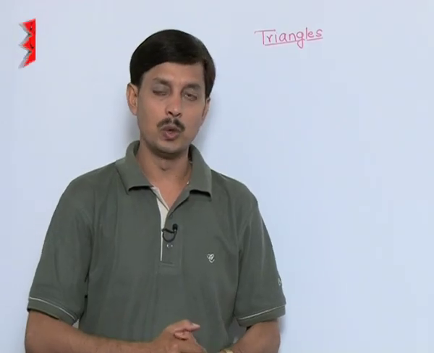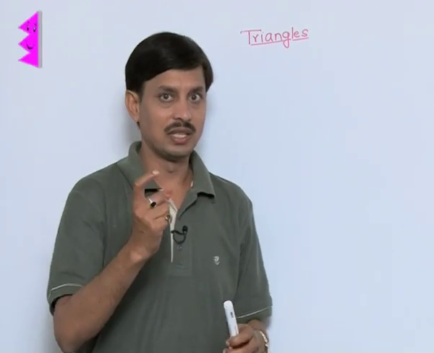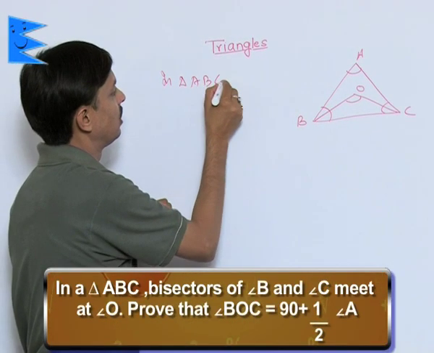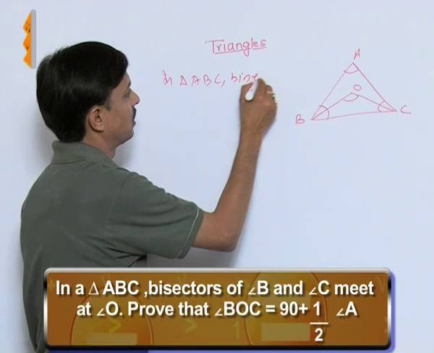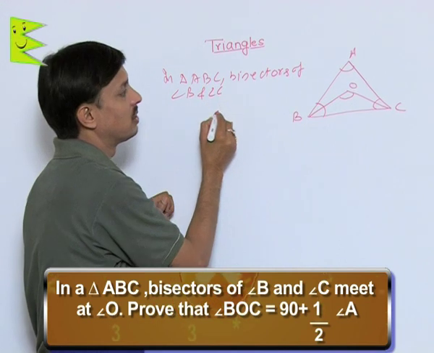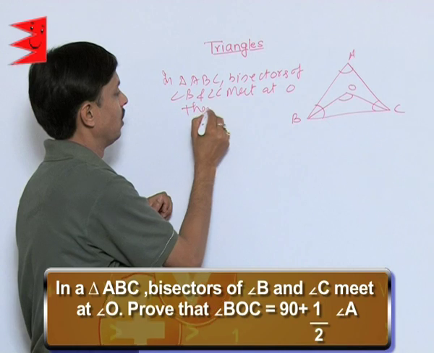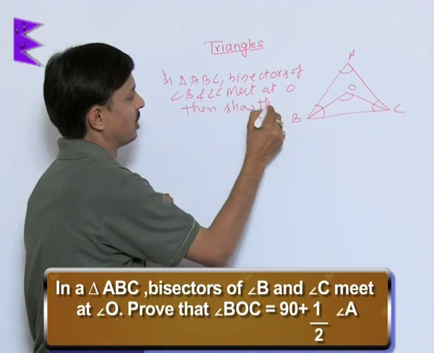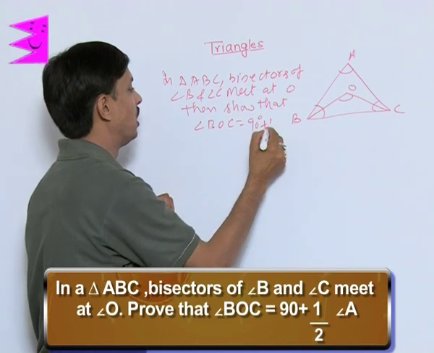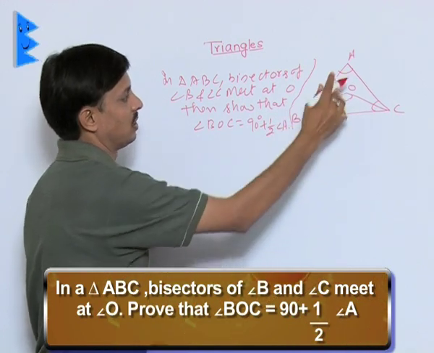Now I will discuss with you a few frequently asked questions. I am telling you the first question. In triangle ABC, bisectors of angle B and angle C meet at O, then prove that angle BOC is equal to 90 degrees plus half of the vertical angle A. This is the figure.